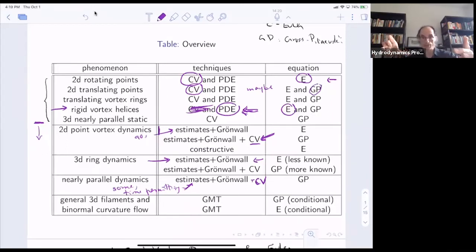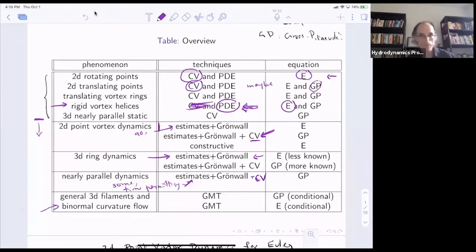I study a classical or quantum fluid with this initial configuration. What one would like to believe, call it a conjecture, is that the vorticity remains concentrated around some curve, and the curve evolves by a certain law of motion, which is what I've referred to as the binormal curvature flow.